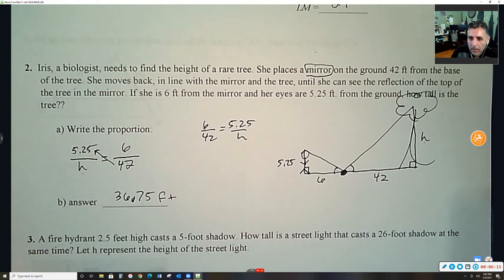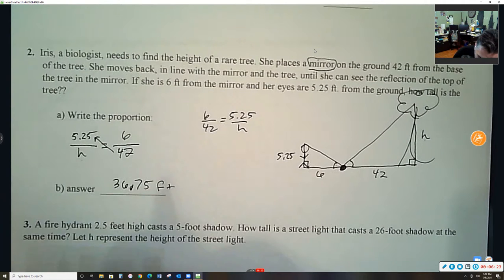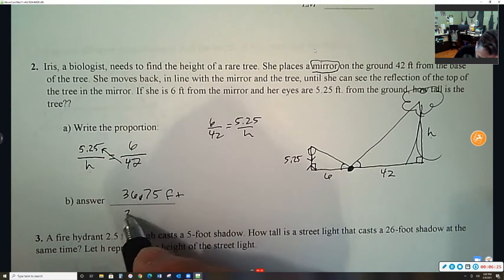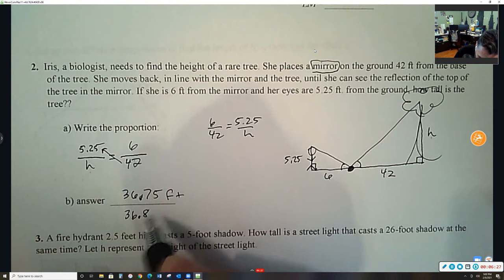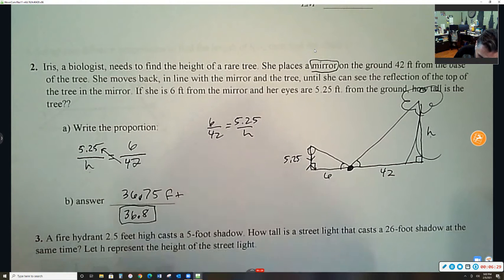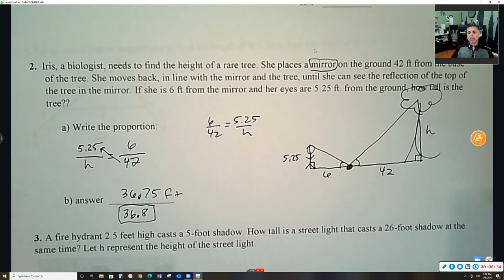That's how tall the tree would be. I guess if it's a decimal answer, always round to the nearest tenth. So that would be 36.8. Even if you put 36.7, it would give it to you. But that's the second one.